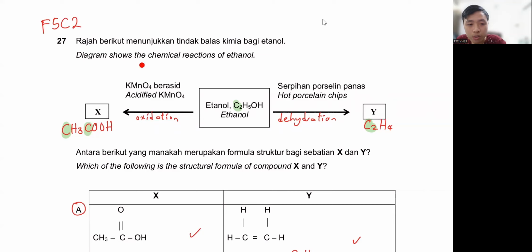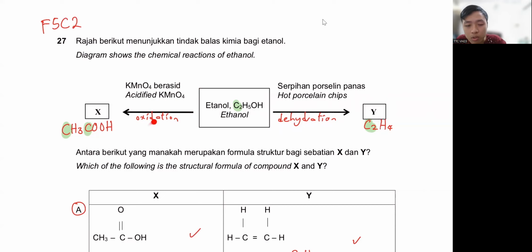Question 27 is Form 1 Chapter 2. Remember this process, all you have to remember. Ethanol. If you see this acidified KMnO4, it undergoes oxidation, because this is quite similar to Form 1 Chapter 1.